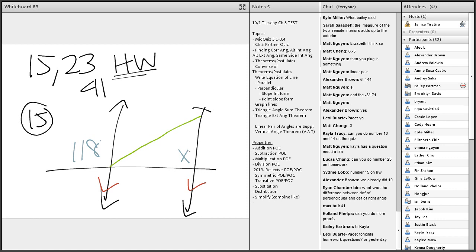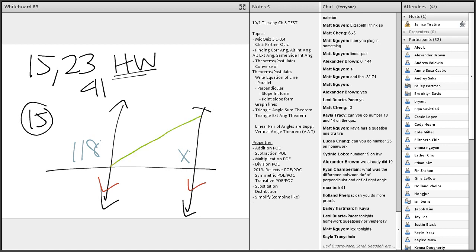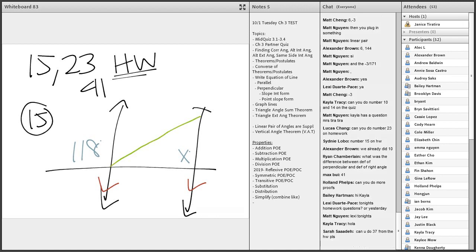So let's ignore that green segment. If you ignore that green segment, what kind of angles are these? These angles are corresponding angles. So if the lines are parallel, the corresponding angles are congruent. Therefore, x is equal to 118.